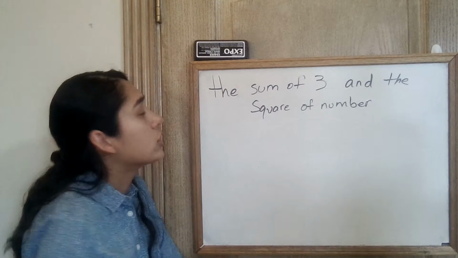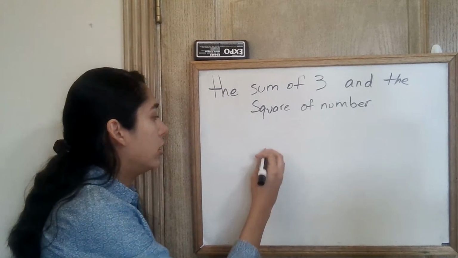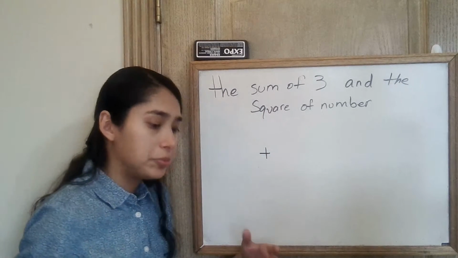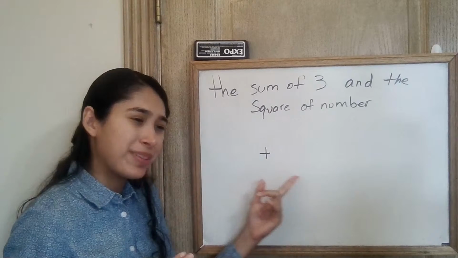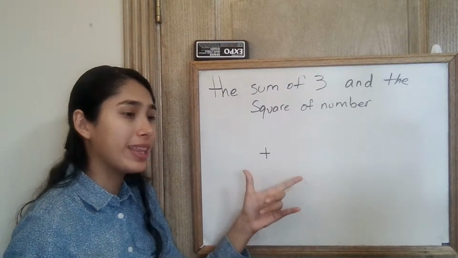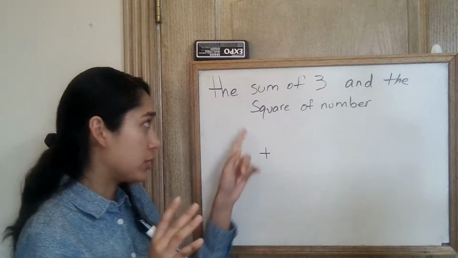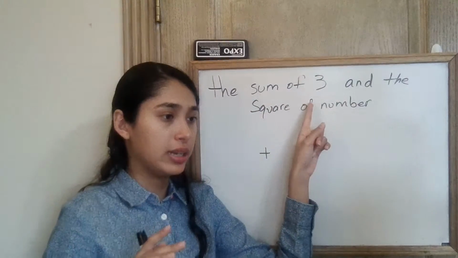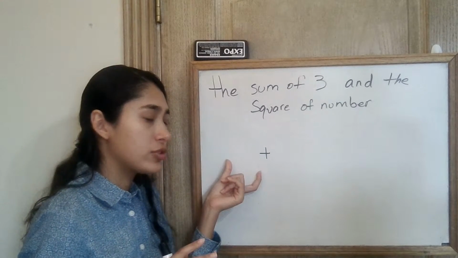Okay. So sum, that means addition, right? Because that is an operation, I can't put that at the beginning of my equation. It has to be sandwiched between two different things. Okay, so now the left to right is going to come into play. The next thing I read is going to be the first thing on this side of my operation.